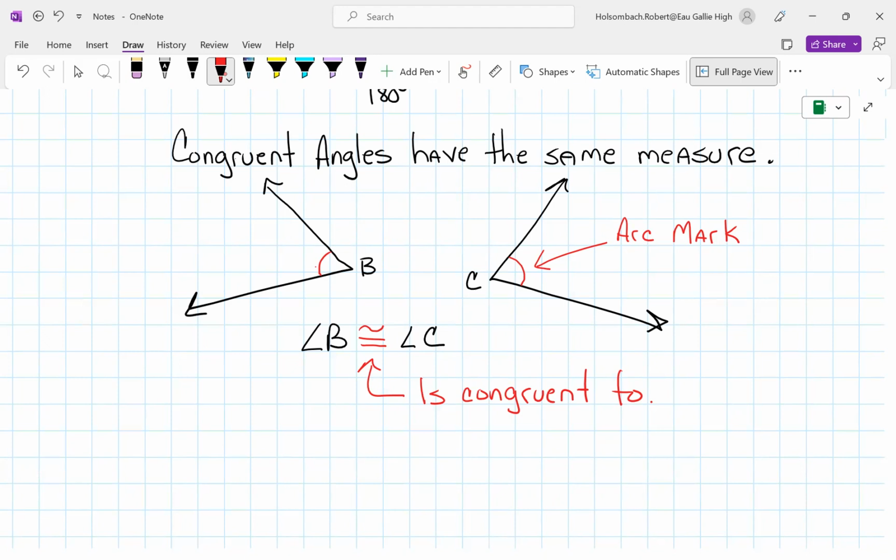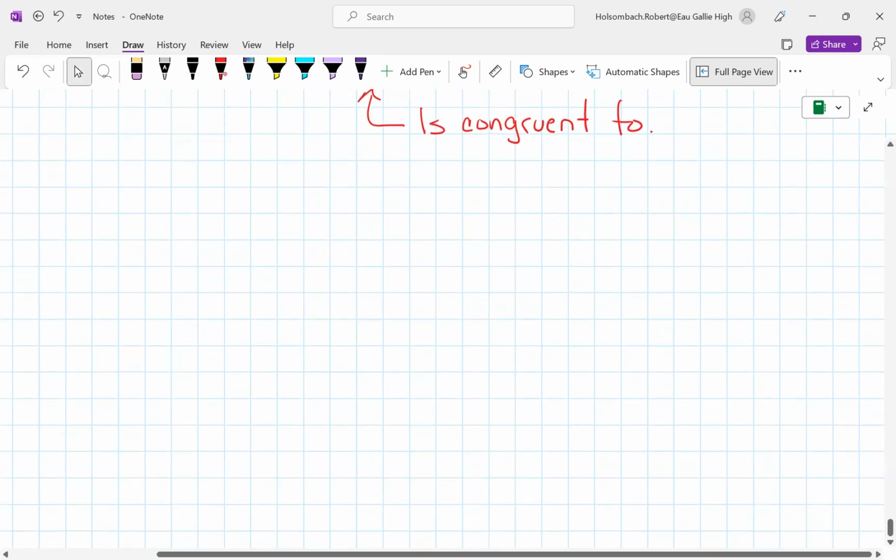Any questions up till now? All right, and we've got one more term to cover. It's down there on the bottom of page 39, angle bisector.